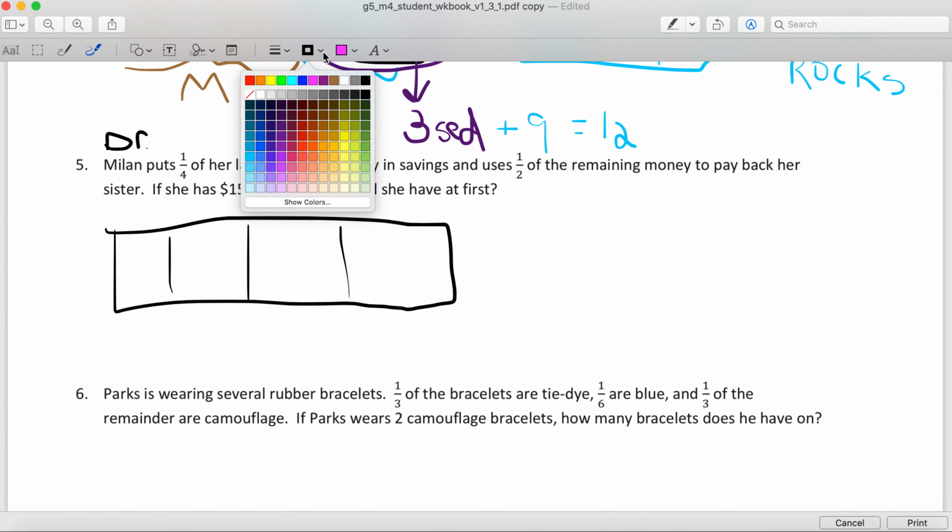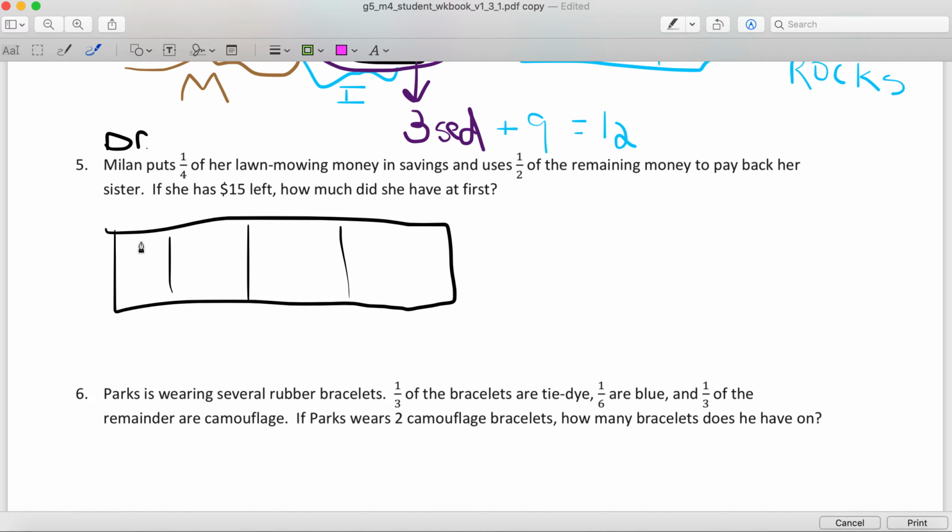All right, so let's use green for savings. This is my savings.